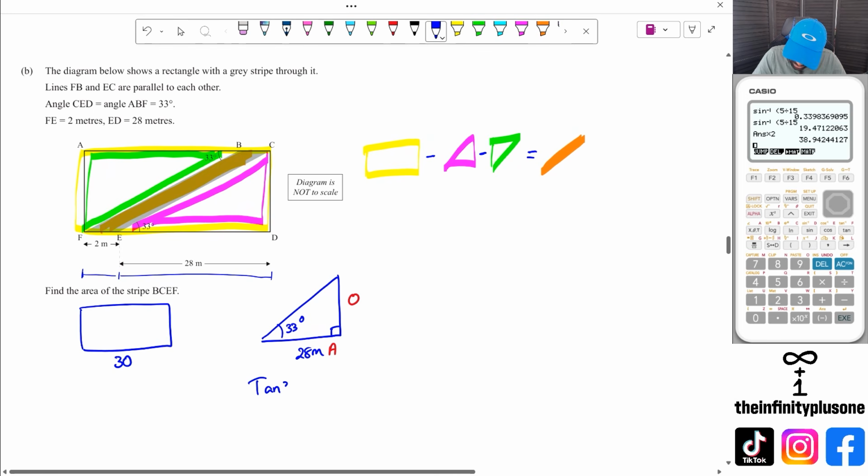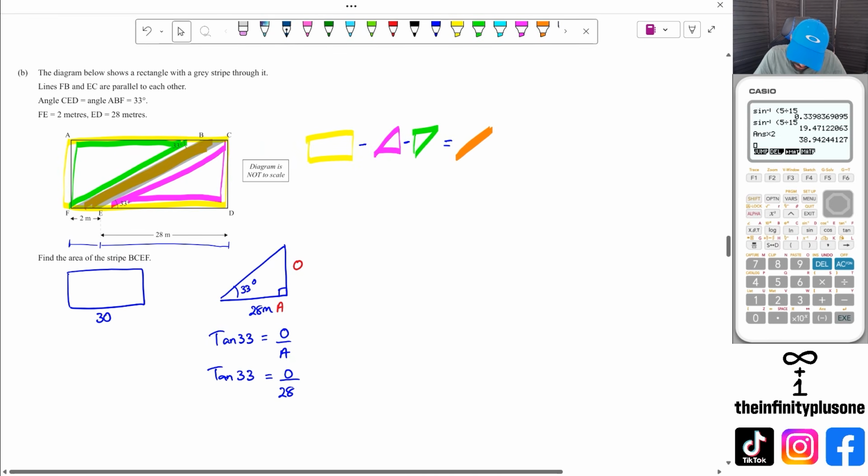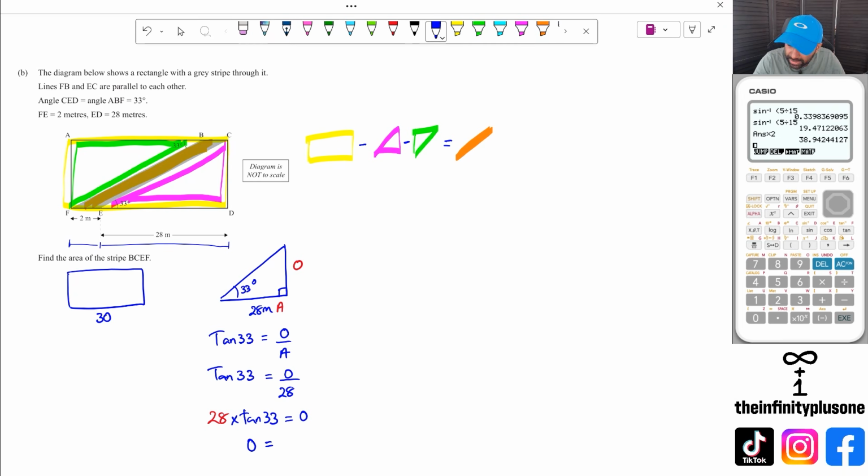So tan 33 equals opposite over adjacent. Tan 33 equals opposite over 28. And then cross multiply. So I'm going to get 28 multiplied by tan 33 equals opposite. So the opposite side is 28 times tan 33. That's going to give me 18.18.